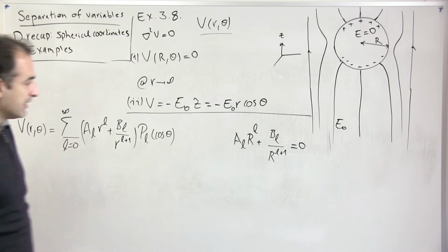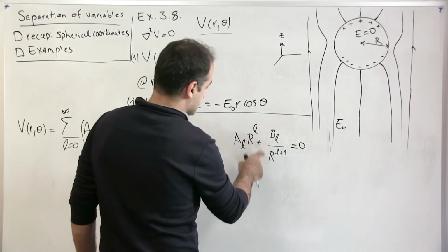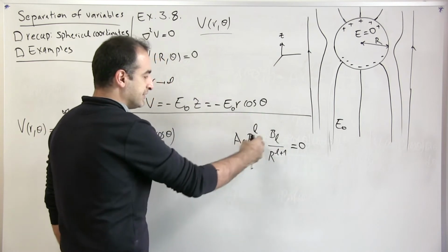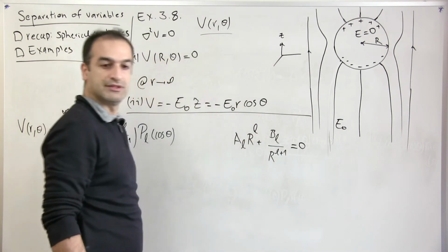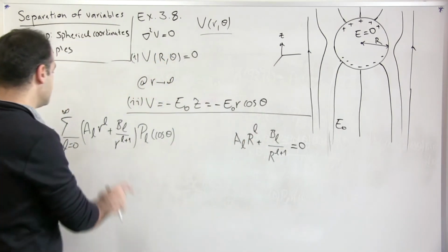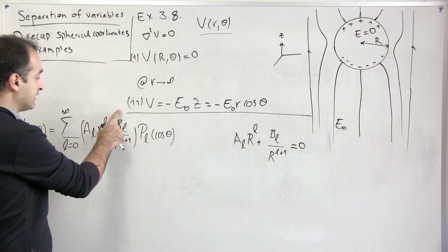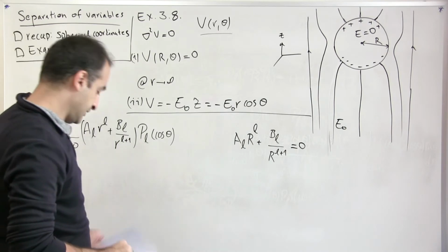Okay, so now if you look at this, R is known, it is the radius of the sphere. This equation relates AL and BL values to each other. So instead of two fitting variables, eventually we will have one fitting variable and the other one in terms of the other one.